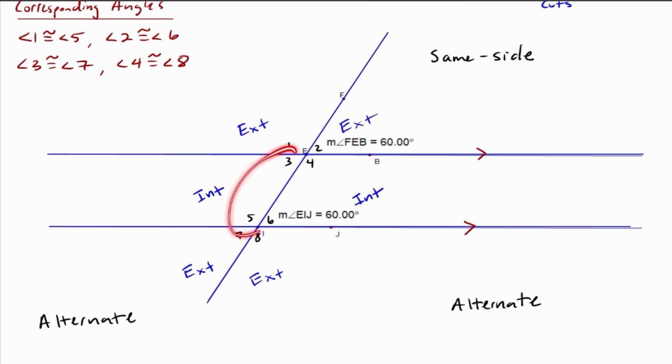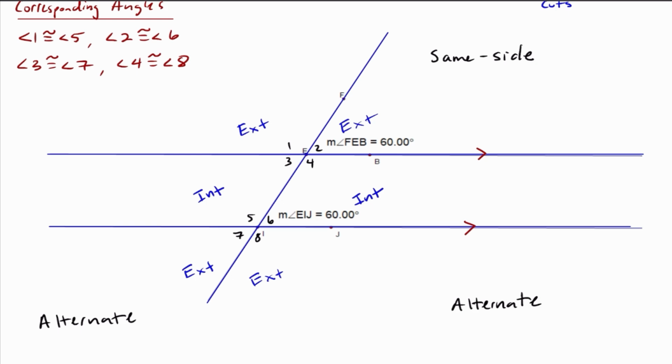Now look at angles 3 and 5 specifically. Are they on the same side of the transversal, or are they on alternate sides of the transversal? The answer to that question is they are on the same side. Now, are these two angles on the interior or exterior? These angles are inside of the parallel lines, so therefore they are interior angles.